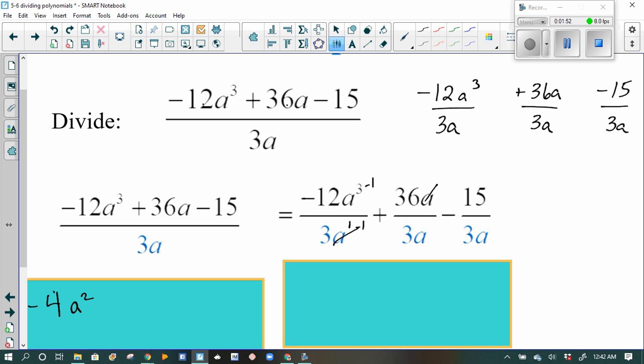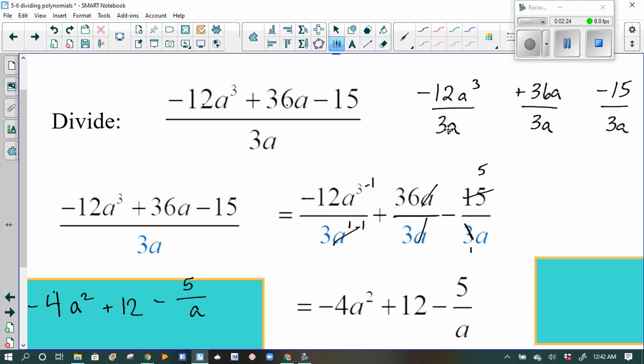Over here, these a's are exactly the same, so they cancel out, and I'm left with 36 divided by 3, which is 12. And over here, there is not an a, so I know I'm going to be left with an a in the denominator, so there's no way to simplify this a. 3 goes into itself once, it goes into 15 5 times, so 5 over a. And that is your answer.